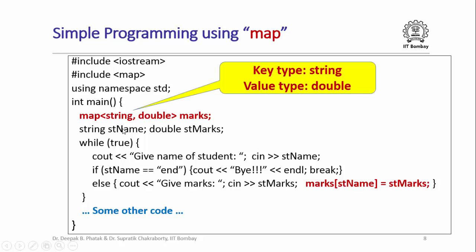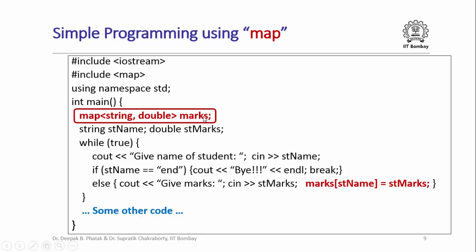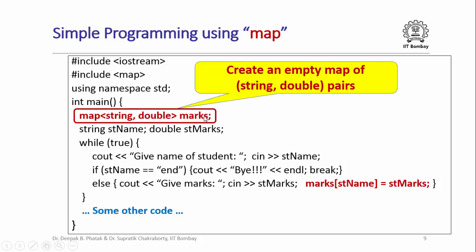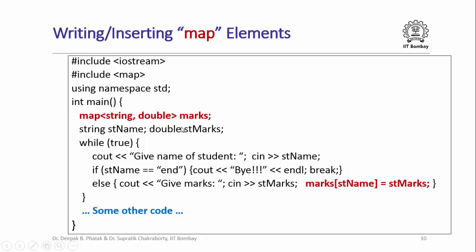So here, string, the first parameter when I am instantiating the map class, is the type of the key. The second parameter when I am instantiating the map class is the type of the value. This is the name of the map, and when I declare this, I am basically creating an empty map of string comma double pairs.